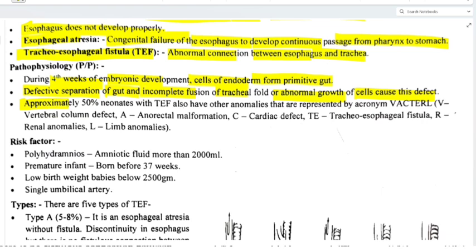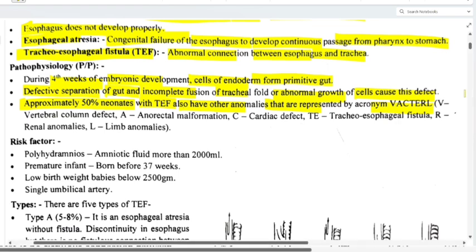Approximately 50% of neonates with TEF also have other anomalies that are represented by the acronym VACTERL. However you pronounce it, you just have to remember this mnemonic. So let's see one by one.